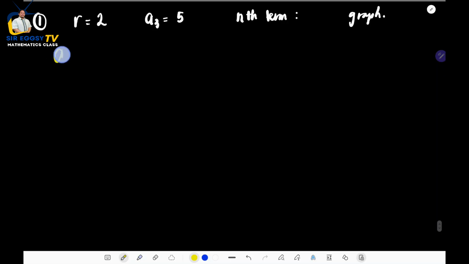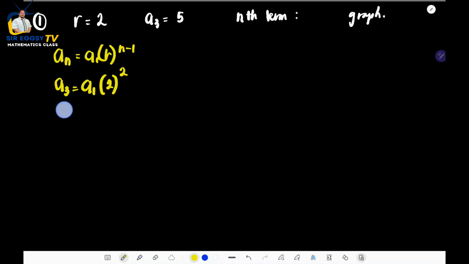So in this case, we will be having the formula a sub n is equal to a sub 1 r raised to n minus 1. Okay? By substitution, since we have a sub 3, which is equal to a sub 1, given ang ating value ng r, which is 2, and we have 2 here. Okay? So, bakit may 2? Because 3 minus 1.